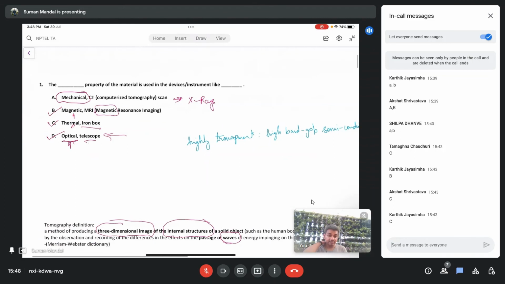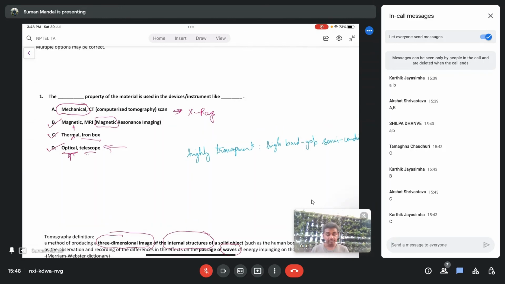And if you want an opaque material to absorb the light, then you need a very low band gap material or a metal. We know that metals are very highly reflective materials. It all depends on the application. So, for example, we use metals as Faraday cages for shielding against electric fields.